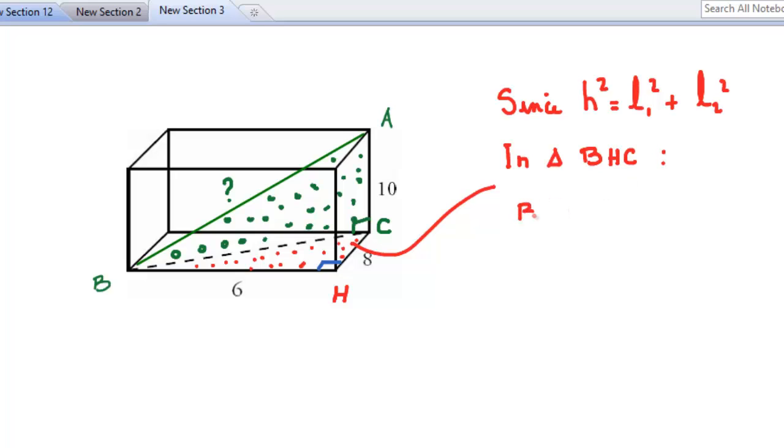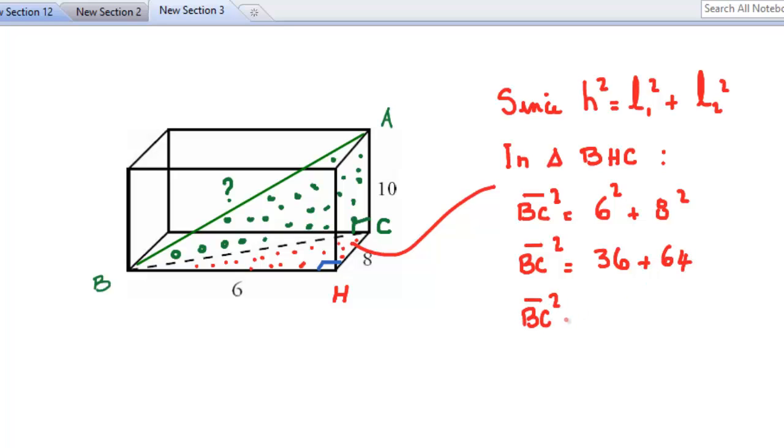So BC squared equals leg 1 squared, 6 squared, plus leg 2 squared, 8 squared. So BC squared equals 36 plus 64. If I add these two, I get 100. That means BC equals the square root of 100, which means BC equals 10.